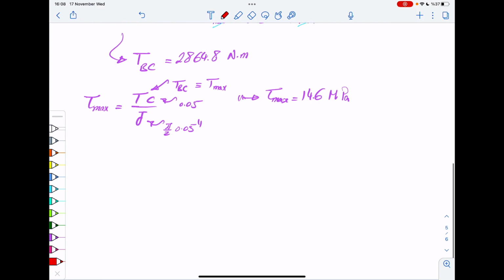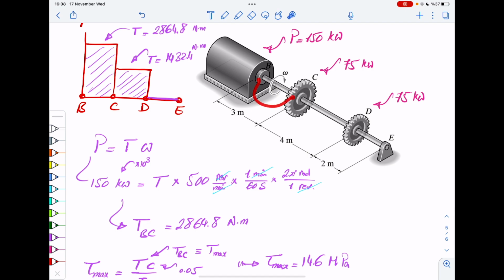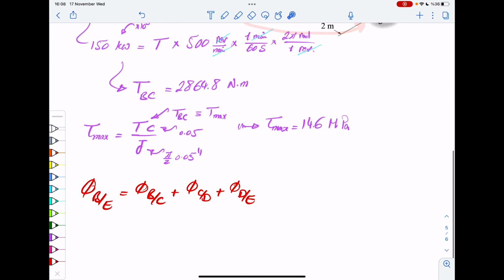So remember, phi of B with respect to E would be phi of B with respect to C plus phi of C with respect to D plus phi of D with respect to E. So B with respect to C, C with respect to D, D with respect to E. That would be B with respect to E. That's exactly what I'm writing here.